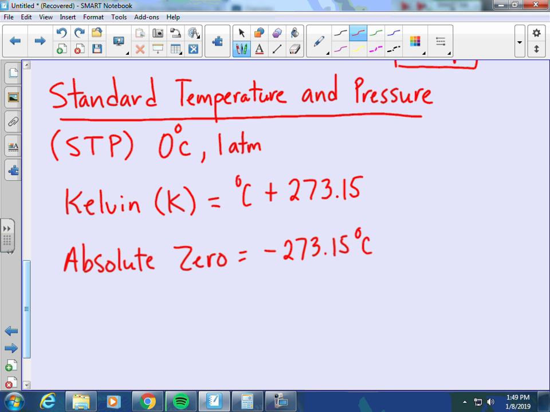All right, so that's why Kelvin is 273.15 higher, because if we add 273.15 to negative 273.15, we get 0 Kelvin, absolute zero. So that's why we use the Kelvin scale with our gas law math, which we'll talk about tomorrow, because there will never be any negative numbers. We won't have to deal with any negative numbers, which is nice.